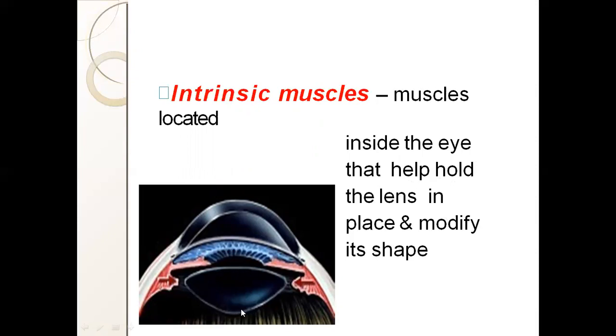If these intrinsic muscles are damaged, or their elasticity decreases, they will not be able to hold the lens, the lens will not be in its proper place, and it will not be able to modify its shape.